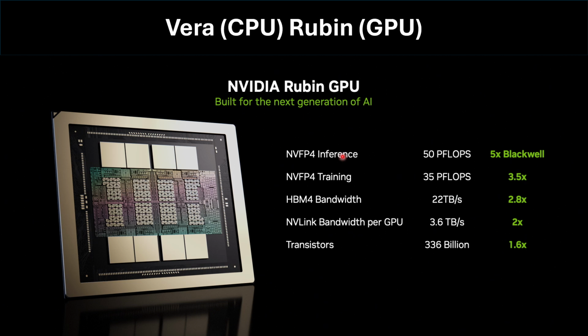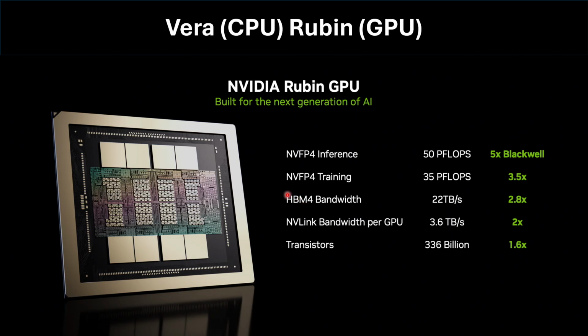For training with FP4 it is 35 petaflops, which is 3.5 times more than Blackwell, where it's 50 petaflops. So this is the comparison of the capabilities of the Blackwell and the Rubin GPU architecture.